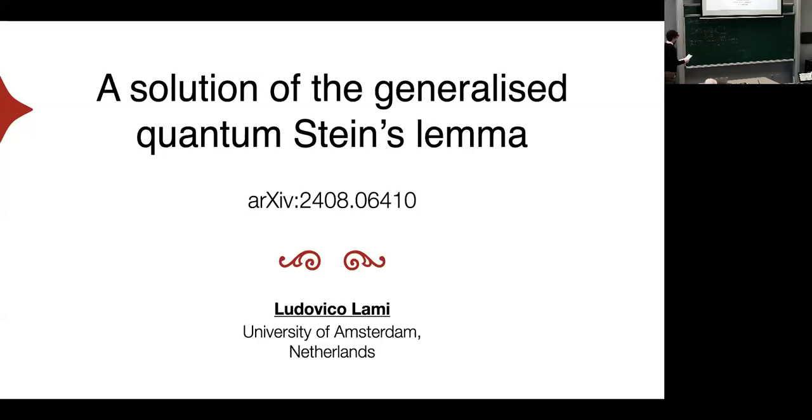So what are the corresponding error probabilities? The probability of type 1 error is usually denoted alpha of T, because it depends on the test, of course. It also depends on the states, but let me not write that.